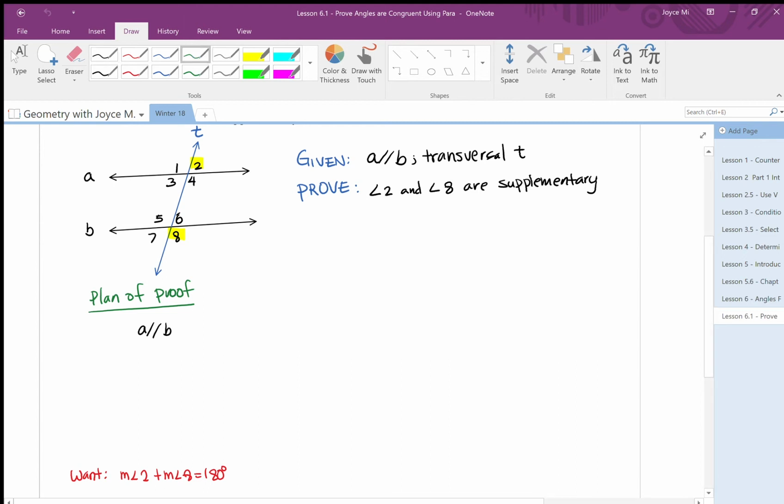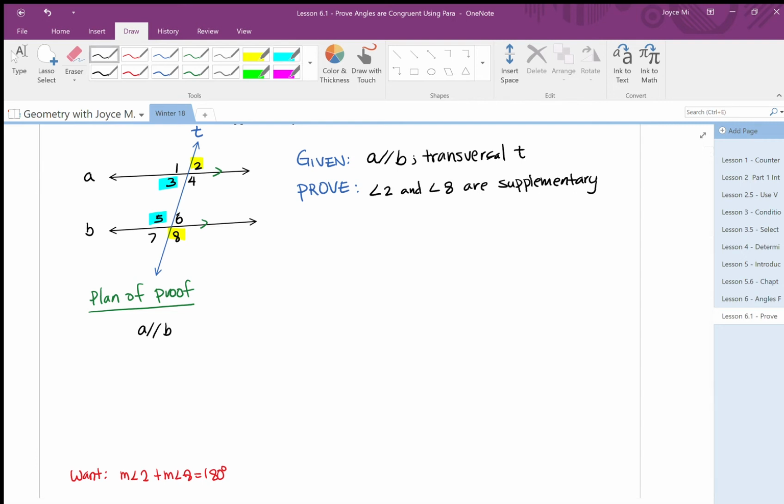So given two lines are parallel, I'm given this case. I could start the angles right here with angle 3 and angle 5. Let me have a different color here. Angle 3 and angle 5 are supplementary because the same side interior angles are supplementary.